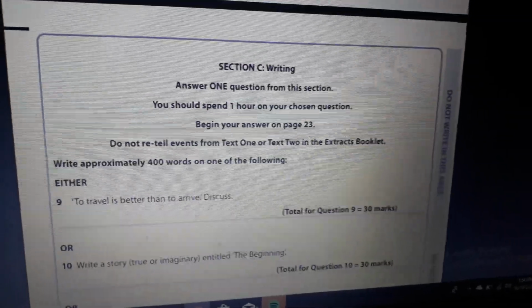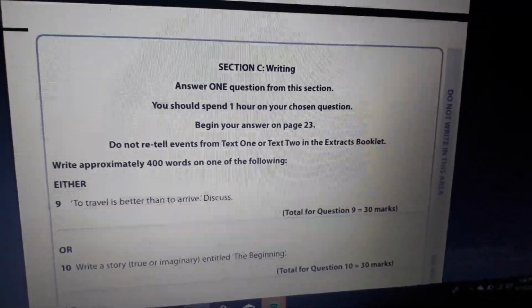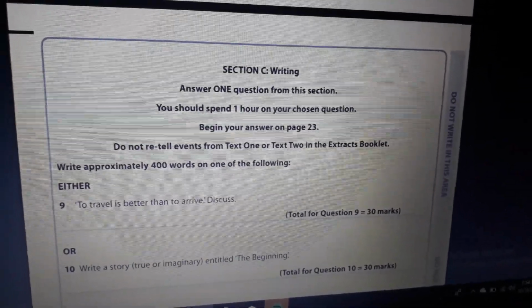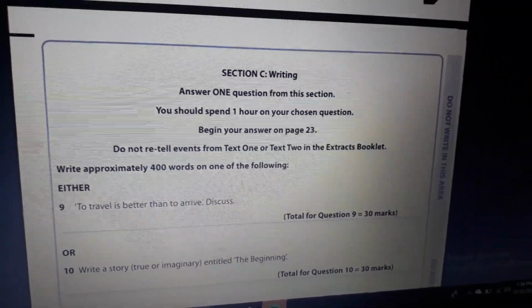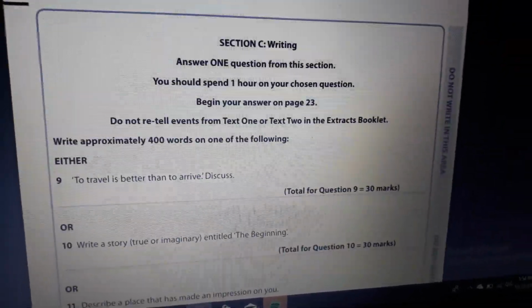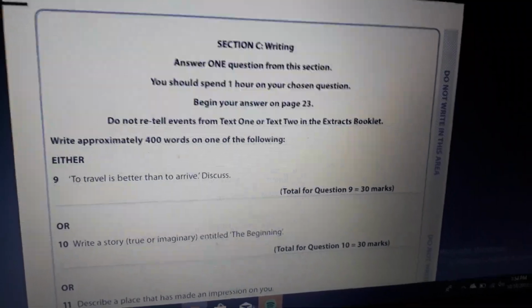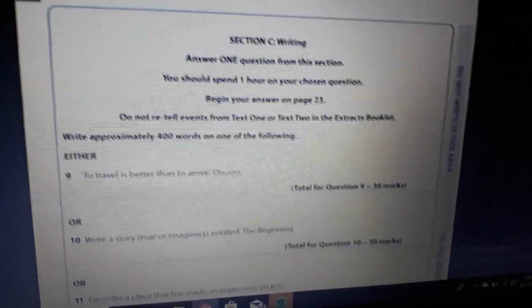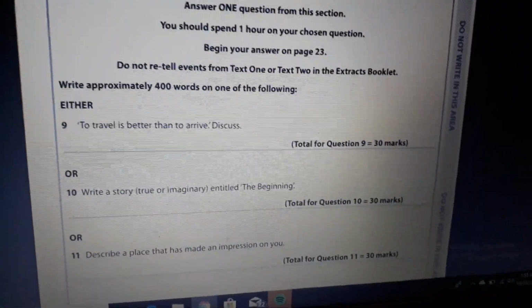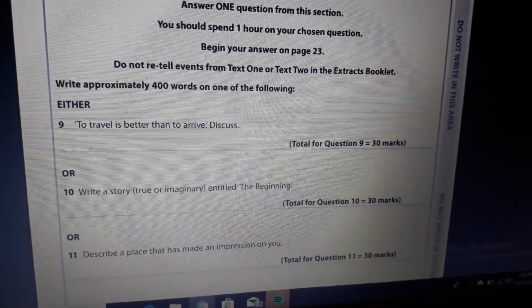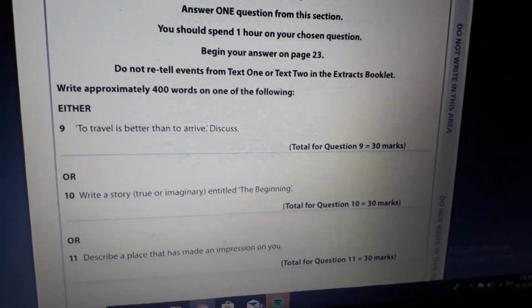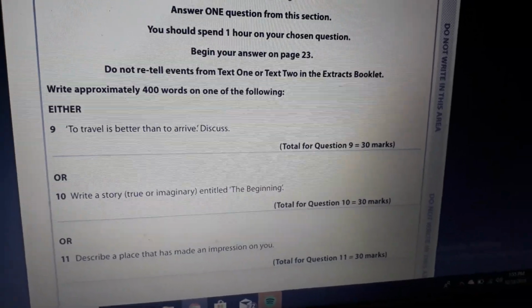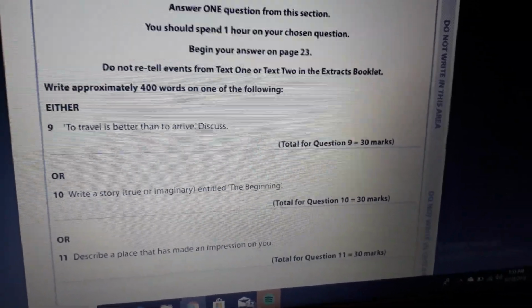Section C, writing. Answer one question from this section. You should spend 1 hour on your chosen question. Begin your answer on page 23. Do not retell events from text 1 and text 2 in the extracts booklet. Yes, there might be a related topic, like the first topic, to travel is better than to arrive. So it's related to the theme because the whole paper is called a thematic paper.